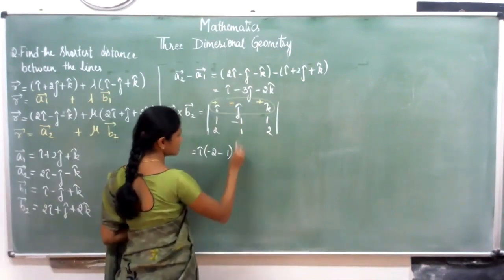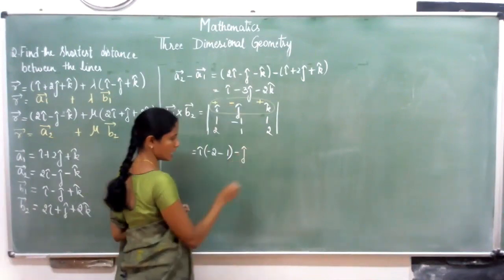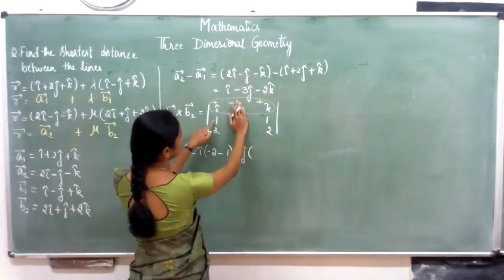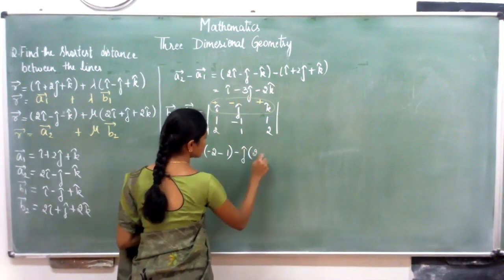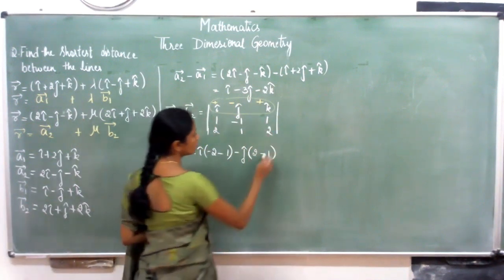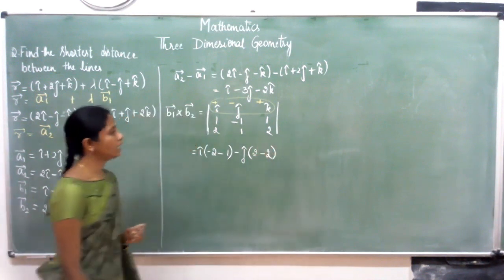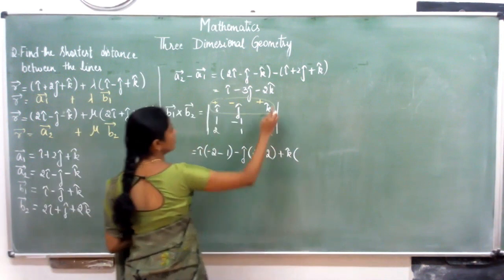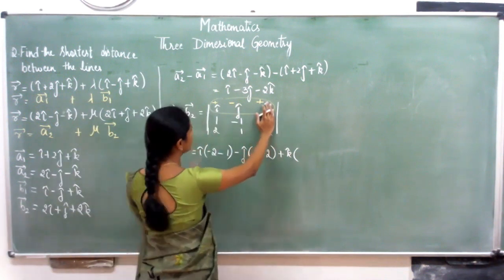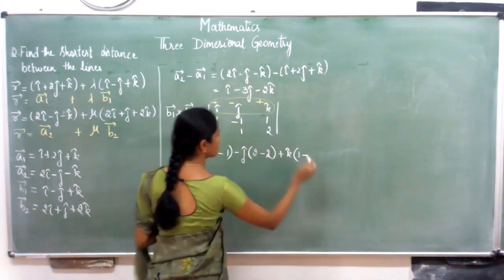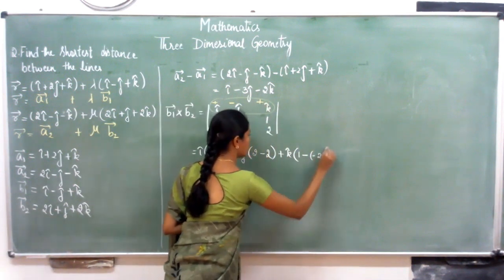Next, minus j cap into, neglecting the first row and the second column, 1 into 2, which is 2, minus 2 into 1, which is 2. Okay, next plus k cap into, now neglecting the first row and the third column, 1 into 1, which is 1, minus 2 into minus 1, which is minus 2.